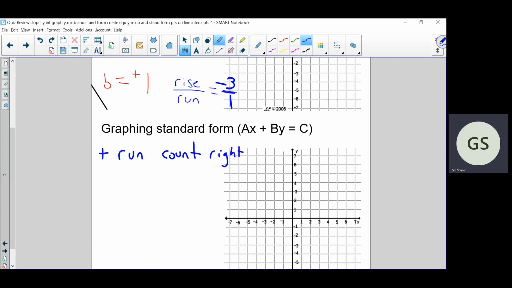You should already have this, but if it's not on your yellow sheet, write it real quick: negative run means count left. You should really never have a negative run the way I've gone over it. Positive rise means count up. Negative rise means count down.